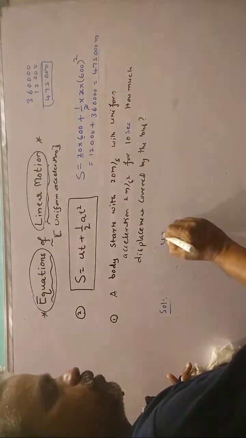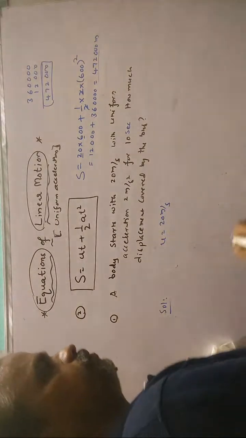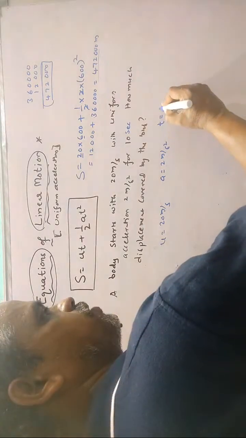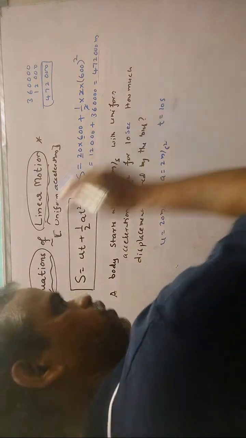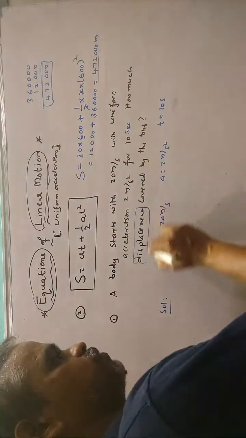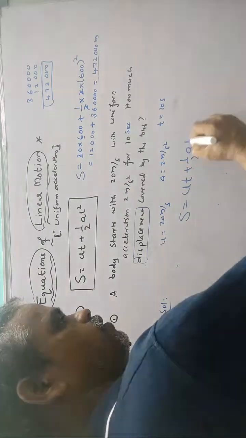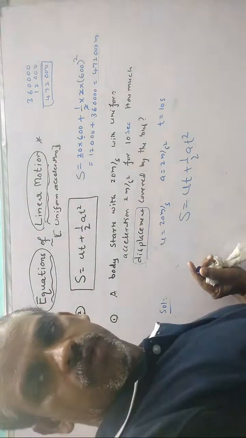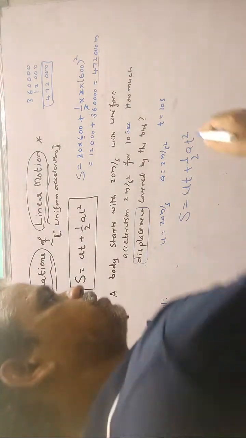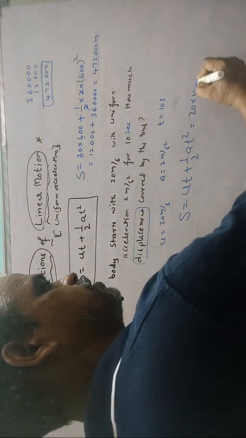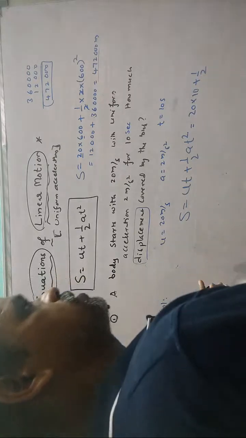See, u equal to 20 meter per second, a equal to 2 meter per second square, time equal to 10 seconds. So we have to find displacement s equal to ut plus half a t square. u is 20, t is 10 seconds.